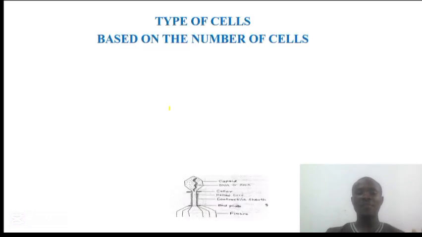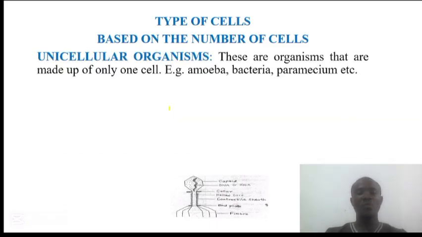After we have defined the cell, talked about the history of cell theory, and talked about the principles under it, now let's talk about types of cells. Based on the number of cells, either one or more than one, we have two types of organisms. We have the unicellular organisms.